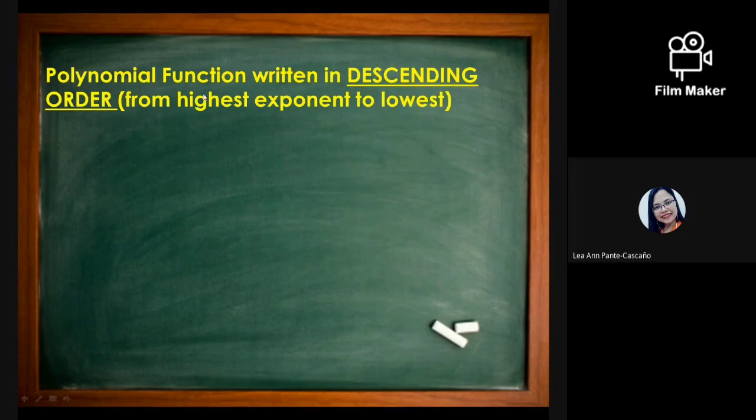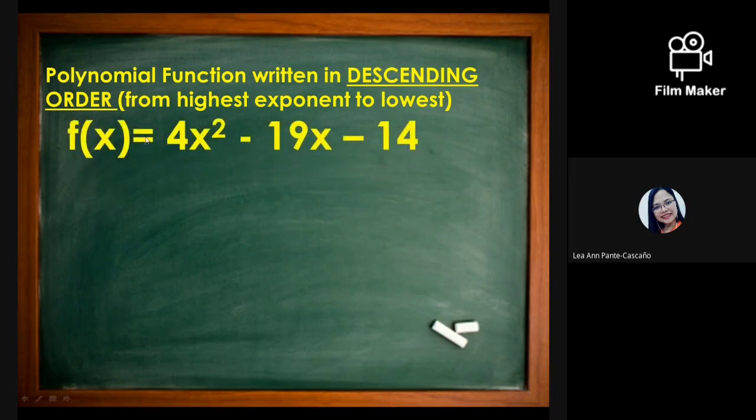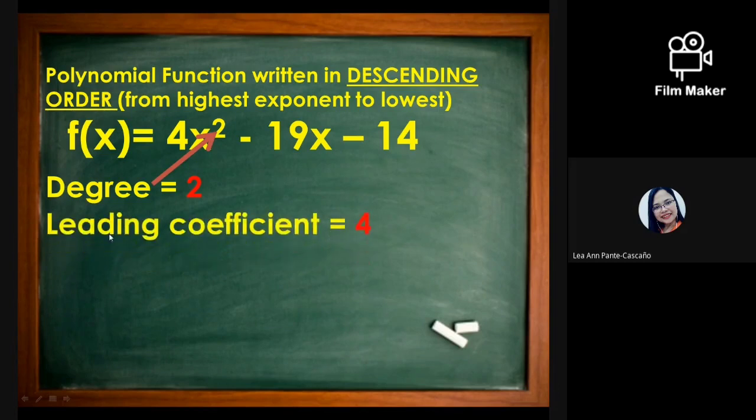Polynomial function written in descending order is simply in the standard form, that is from highest exponent down to the lowest. If you have f of x equal to 4x squared minus 19x minus 14, we can identify the degree, which is 2, since this one is written in standard form. Your leading coefficient is 4.